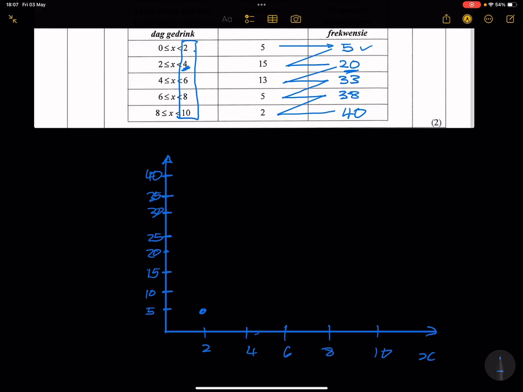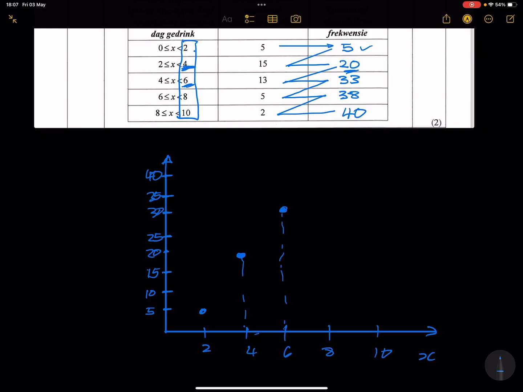So for the second one, I'll take 4 there. The associated cumulative frequency is 20. And at 6, I've got 33, so around there.